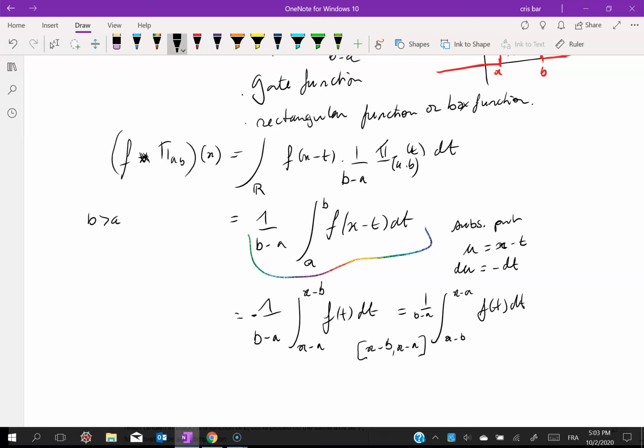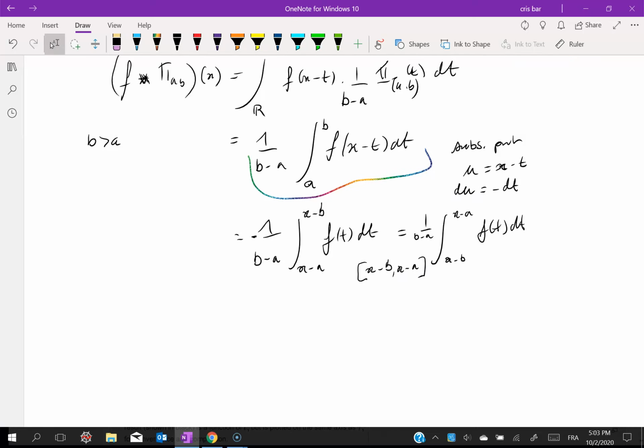We now can have a clear interpretation of that. I'm integrating my function on an interval of size b minus a, and I'm dividing by b minus a. That's exactly the mean value of f on that interval. So that's an interval of size b minus a that is centered at x.